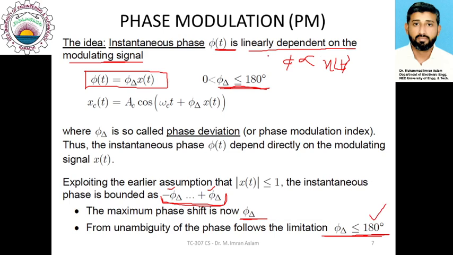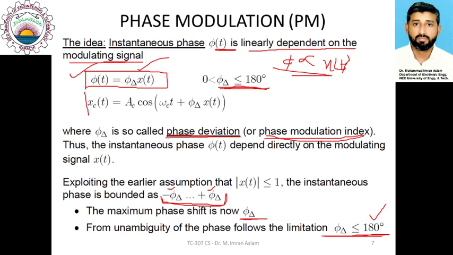From the sense of this proportionality, phi_delta is the proportionality constant in this expression, representing the relationship between the message signal and the phase of the modulated signal. This phi_delta is named the phase deviation or phase modulation index.